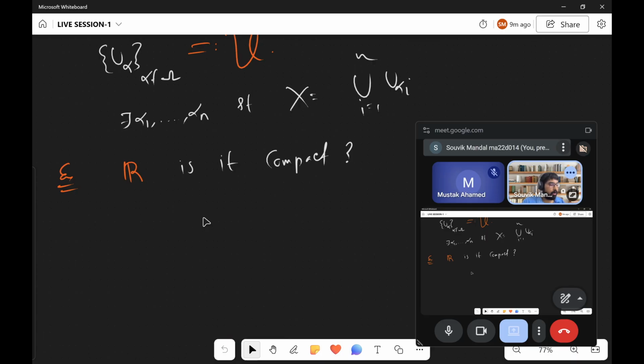Okay, so let me give the hint. The hint is that it is not compact. It is not compact. So basically, construct an example for that.